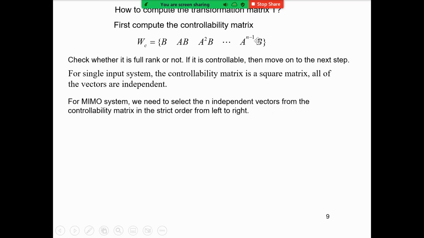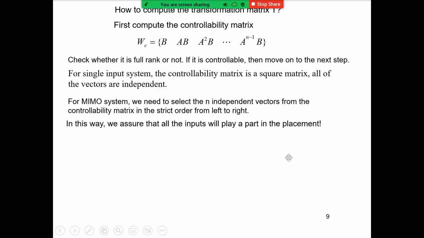But for the multiple input case, there are many ways to get the combination of the vectors, but you are supposed to obtain these independent vectors in a strict order from left to right. You cannot just get any combination. You have to follow the order. Why are we doing this?